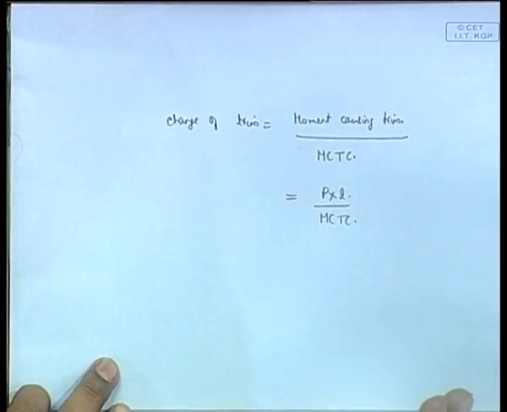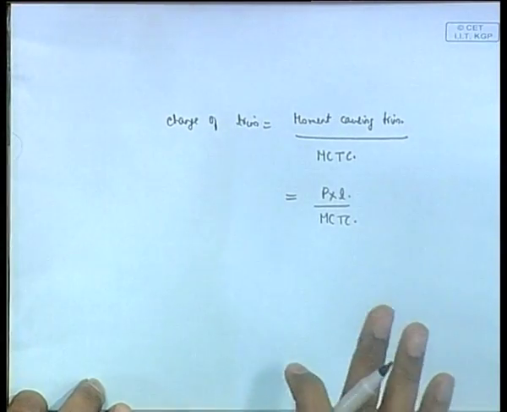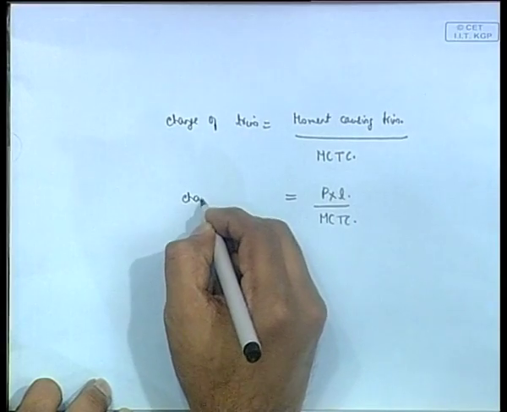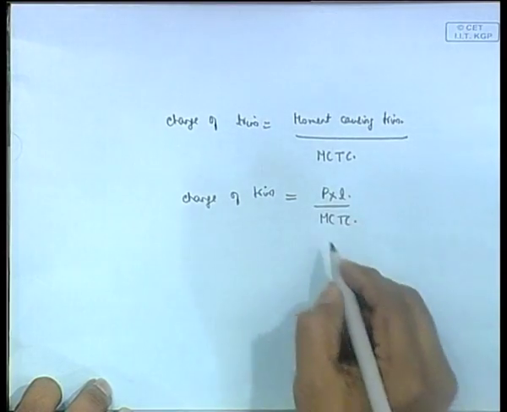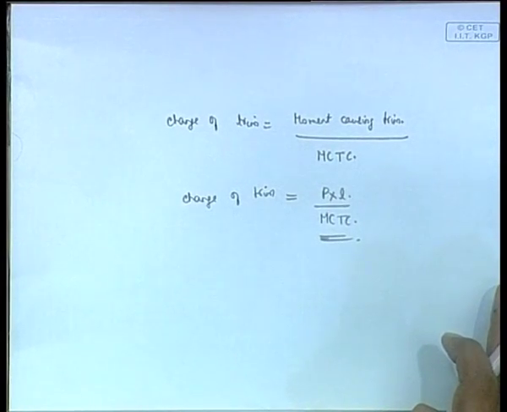This is a particular case, and for the purpose of this course, you can assume that if you have a problem where you have dry docking combined with trimming, always you will have the aft perpendicular hitting, and this formula holds, and you have the change of trim given by this formula, P into l by MCTC.